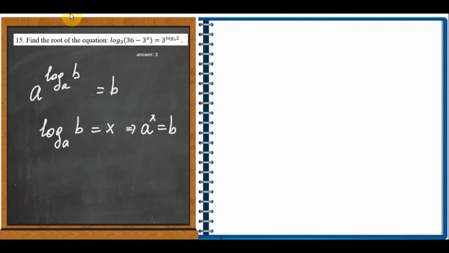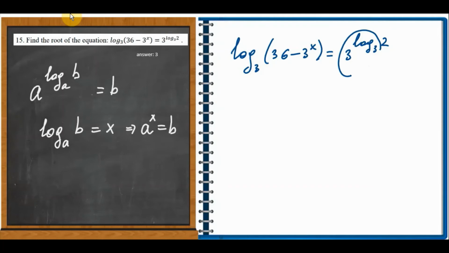Alright, now let's have a look at the question. Log base 3 of 36 minus 3 to the power of x is equal to 3 to the power of log base 3 of 2. Now this is just 2. So 2 equals log base 3 of 36 minus 3 to the power of x.